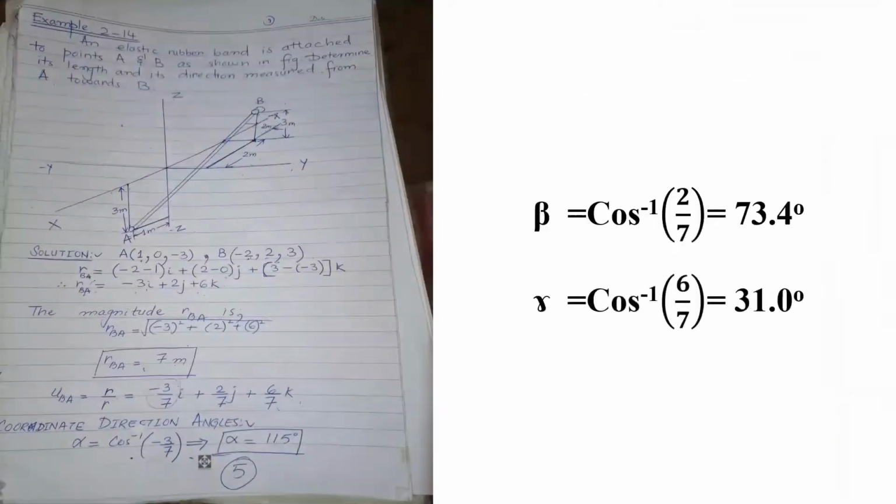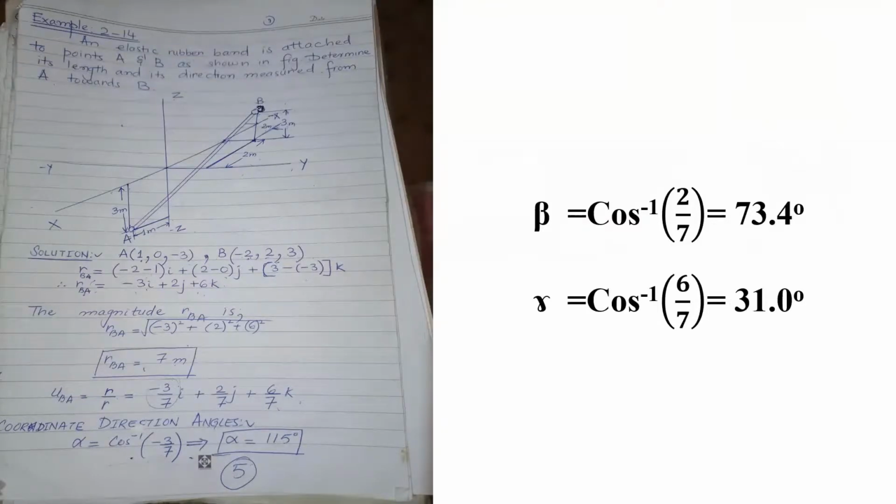Let's have a look. This is the numerical here. In this numerical, the question is: an elastic rubber band is attached to points A and B as shown in figure. Determine its length and its direction measured from A towards B. Actually, what is happening over here?